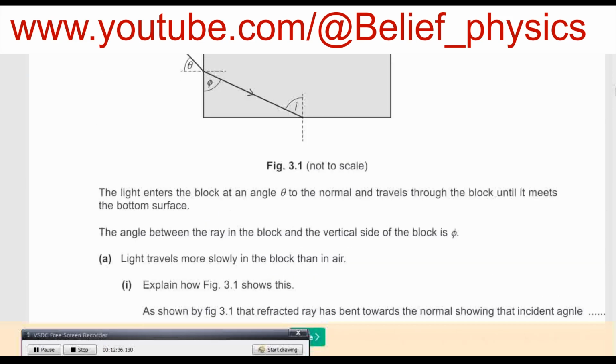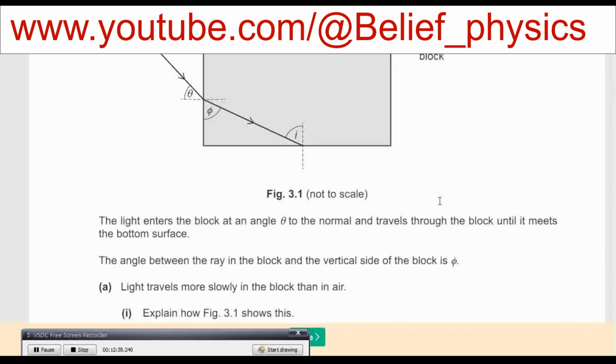This angle i is equal to phi. It is quite obvious that this is the alternate angle, so this angle should be equal to phi, and it comes out to be 64 degrees. Critical angle is 39 degrees, it is given.